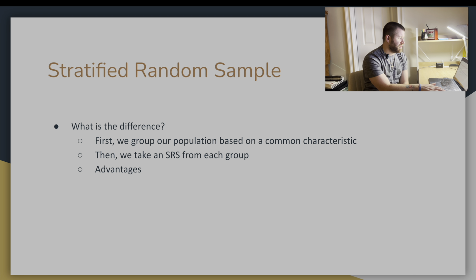And additionally, in the end here, we want to make sure that our final sample is still representative of the total population. So let's take that same scenario of 90% Yankees fans, 10% Red Sox fans. If I had a sample of 100 people, I would want to make sure that had 90 Yankees fans and 10 Red Sox fans. I wouldn't want it to be 50 and 50 because that wouldn't be representative.